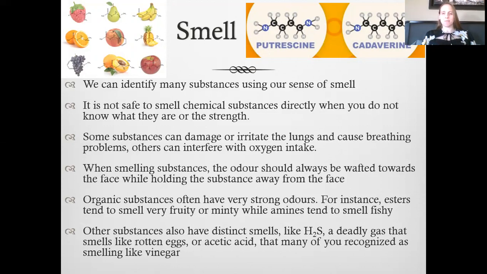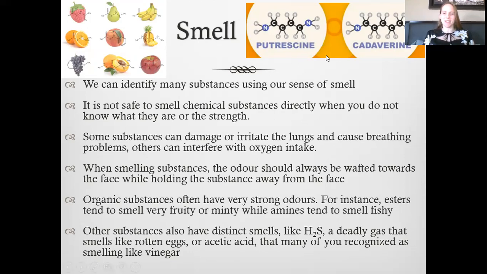Acetic acid smells very vinegary. So at the top here, we just have examples of a bunch of different chemicals that smell like specific fruit. When I was in university, we actually did a lab where we had to make a whole bunch of different chemical compounds and then identify their smells, and they're very distinct pineapple smells and stuff like that.